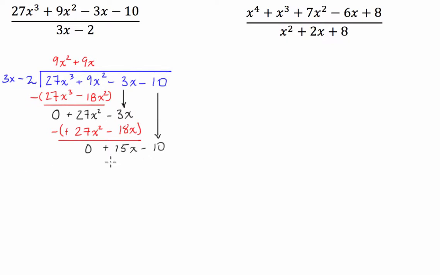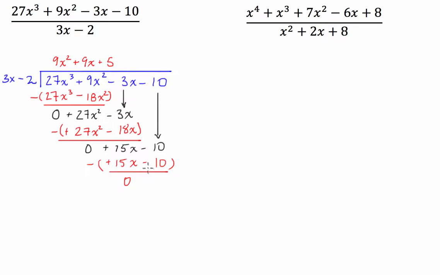Again, we do the first number. 15x divided by 3x is equal to 5. 5 times 3x is 15x. 5 times negative 2 is negative 10. We then subtract these two numbers from each other. 15x take 15x is 0.